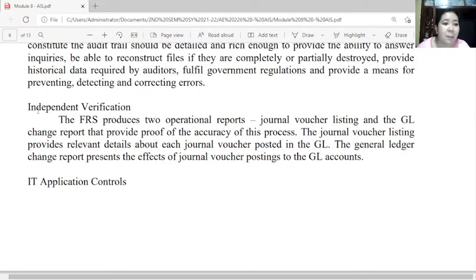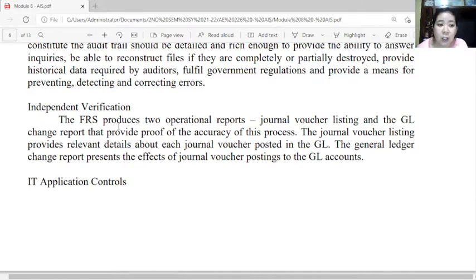In terms of independent verification, the FRS produces two operational reports. We have the journal voucher listing and the general ledger change report. This will provide proof of the accuracy of this process. So the journal voucher listing will provide relevant details about each journal voucher which is posted in our general ledger.